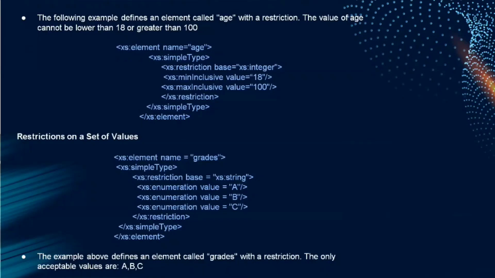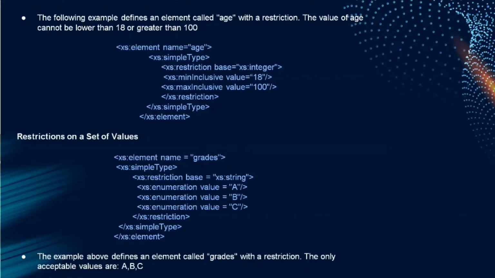Here the min inclusive means the minimum inclusive value and the max inclusive means the maximum inclusive value. So we set these values to 18 and 100, which means that the age is restricted between only 18 and 100, which means that this element's value can only be between these two numbers with these two numbers included. So this is how you restrict an element within a particular range.